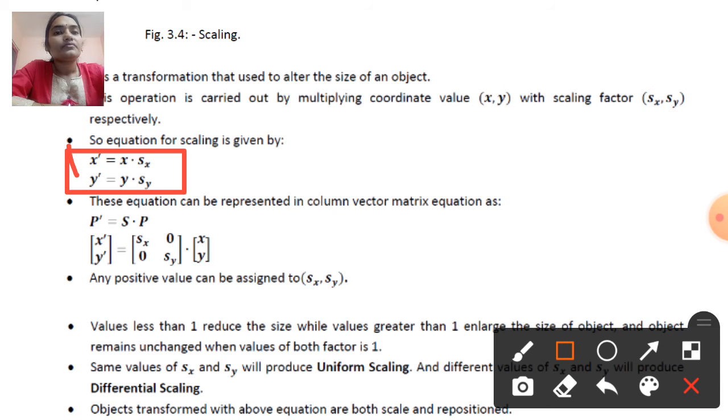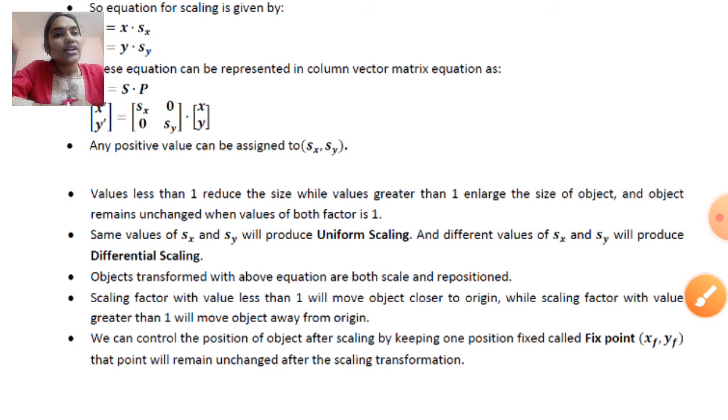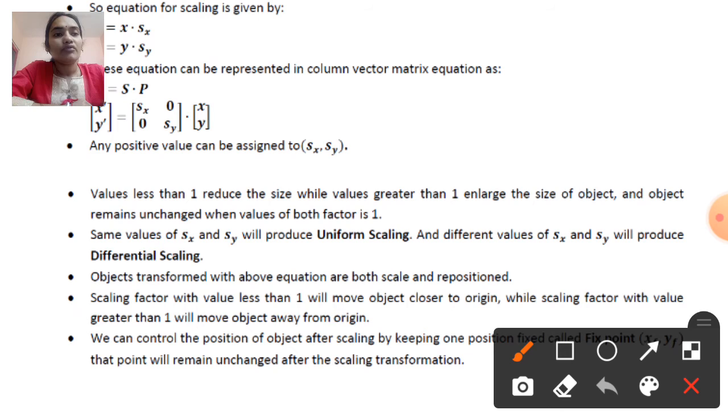So this is the column matrix. Any positive value can be assigned to Sx and Sy. Values less than 1 reduce the size. If your values are less than 1, it will reduce your size.